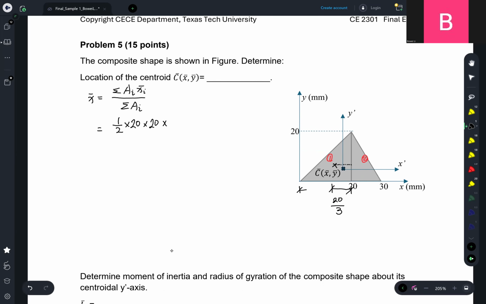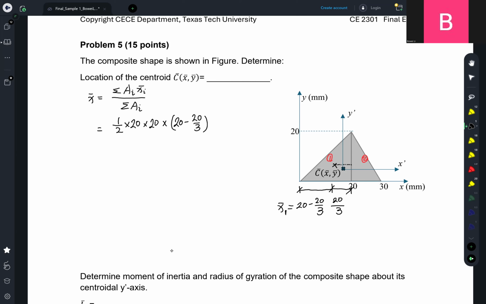Then the distance from the origin will be 20 minus that distance. That is the centroidal x coordinate of the first part: 20 minus 20 divided by 3.